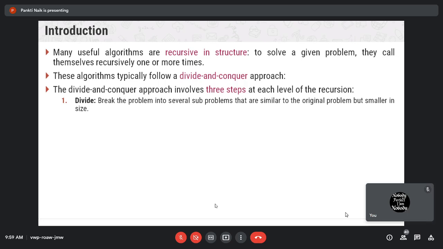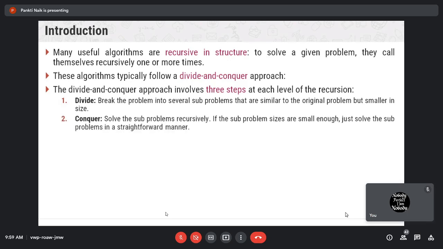It will break the problem into several sub problems that are similar to the original problem but smaller in size. Suppose you have one problem, and you want to design the algorithm for that particular problem using divide and conquer strategy. So first step is it will divide your problem into smaller sub problems.